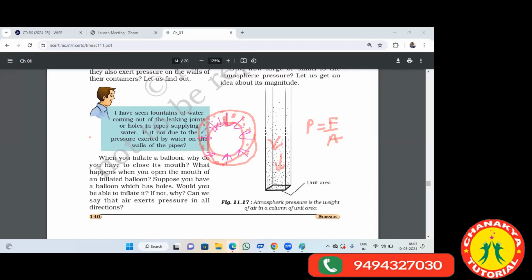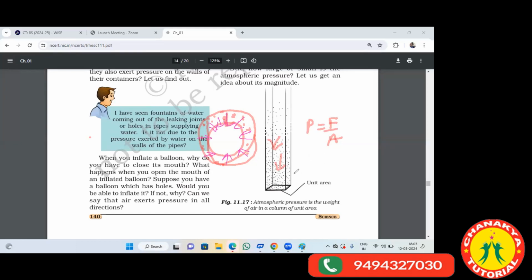There will be some pressure exerted by the molecules, and this pressure can be calculated as force per unit area.